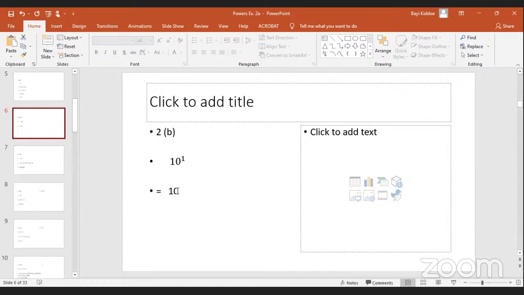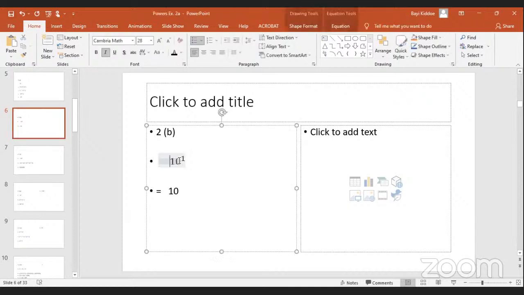So the answer is 10. The 1 means that 10 is only present one time. If it was 10 to the 2, now it would be 10 times 10. So 10 to the 1 is the same thing as 10, because the 10 is only present one time, okay?